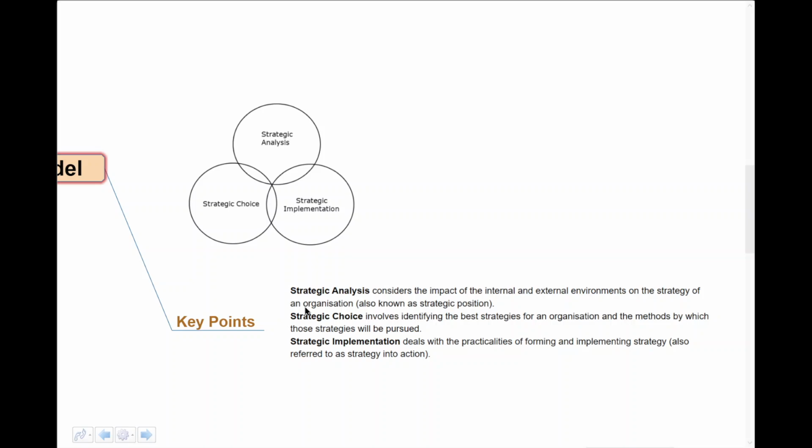Well, the first thing that we need to do is a strategic analysis. What does that mean? Well, it means that we need to consider the internal and external environments. What we mean by that is we need to wheel out tools and techniques to examine ourselves internally, our resources, our capabilities, our competences, and indeed examine the external environment.